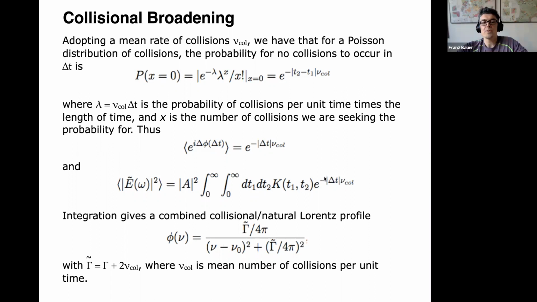Grouping them together, our modified capital gamma is the regular gamma plus 2 times the collision rate. Depending on the density and temperature of the material, you get a collision rate that comes in and broadens the line, but in the same sense of having a Lorentz profile. Any questions?